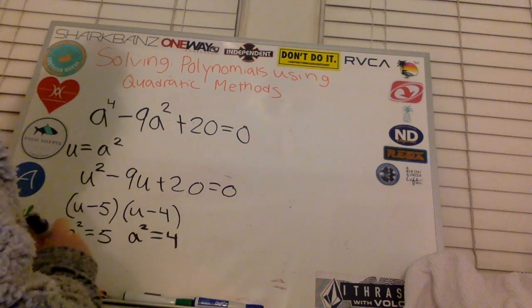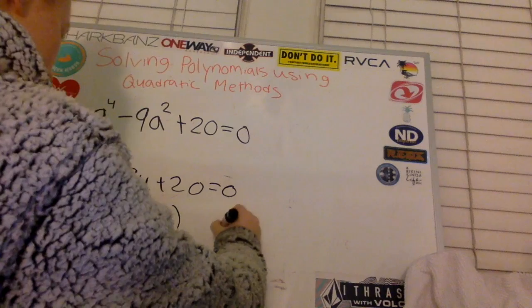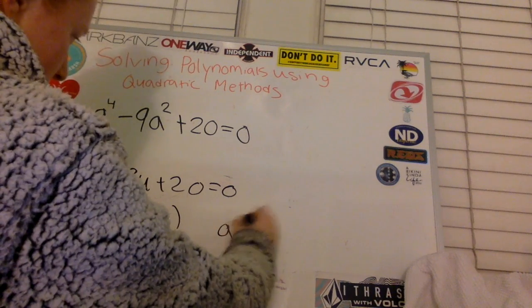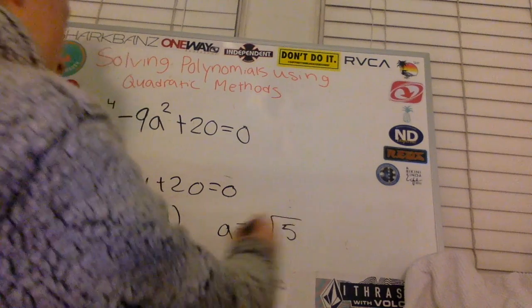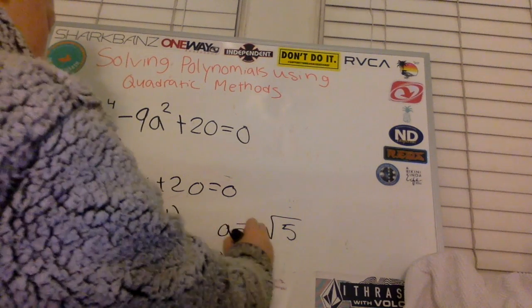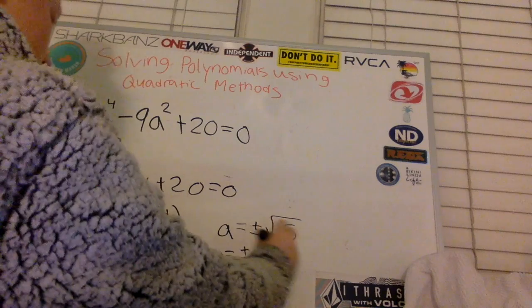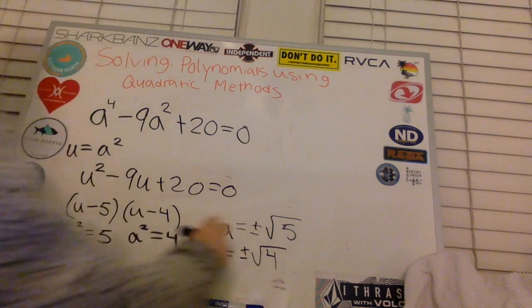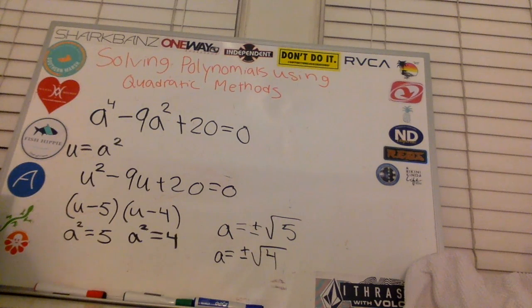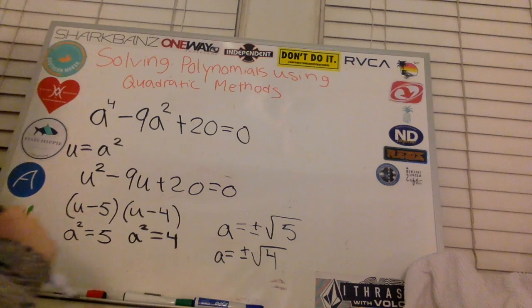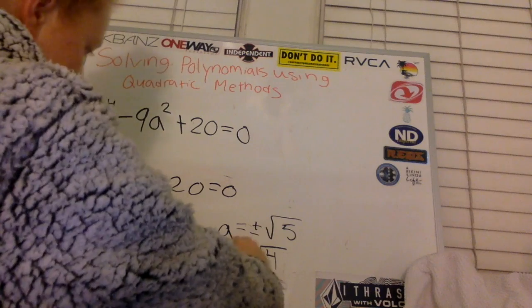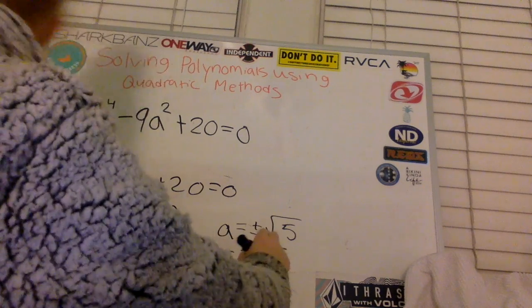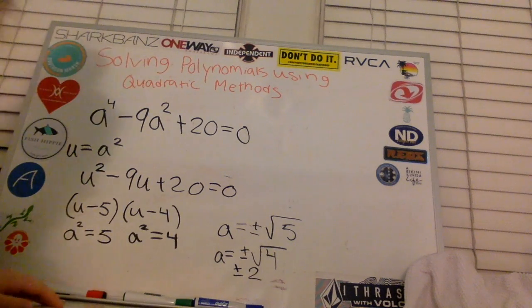Now we just have to solve this. So a equals plus or minus the square root of 5, and a equals plus or minus the square root of 4. And the square root of 4 is 2, so it would be plus or minus 2. And that is how you solve it.